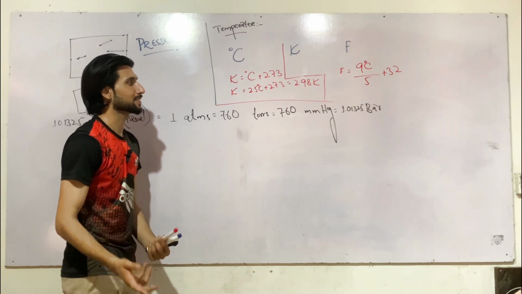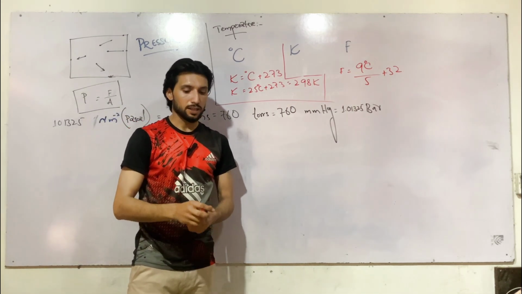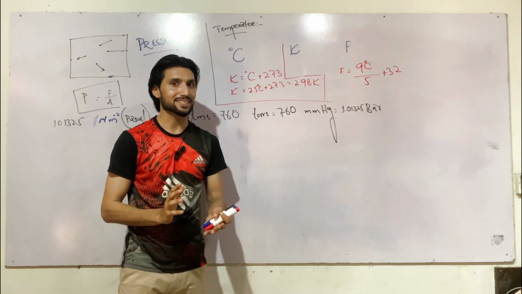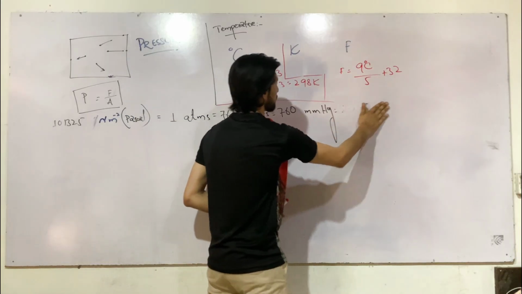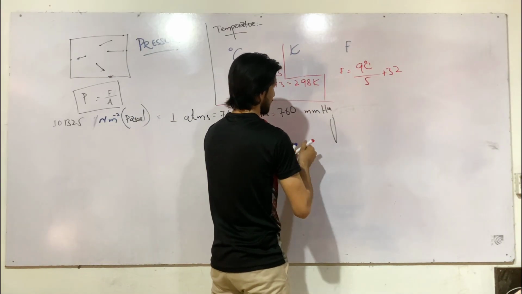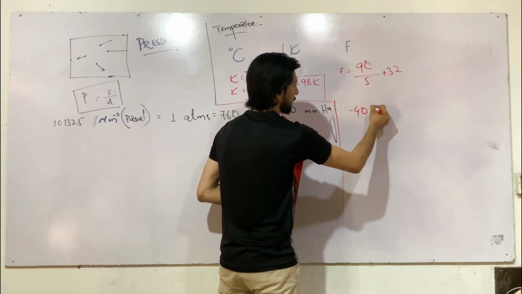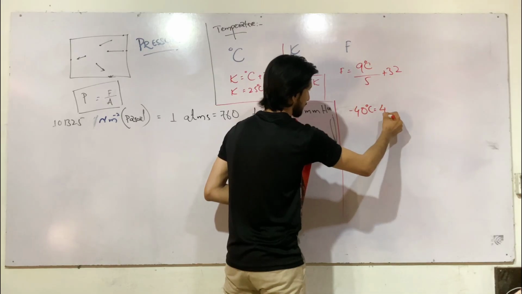Very easy peasy. There is one temperature that is equal in both Fahrenheit and Celsius. That is minus 40 degrees. So if the temperature is minus 40 degrees, it will be equal in both Fahrenheit and Celsius.